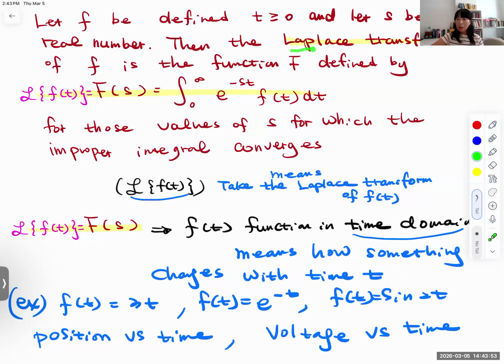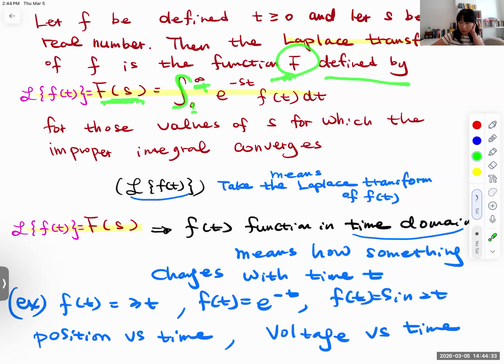Then the Laplace transform of f is the function uppercase F. We have lowercase f, a regular function of time t, and for the Laplace transform we use uppercase F, defined by F of s equal to the integral from 0 to infinity.